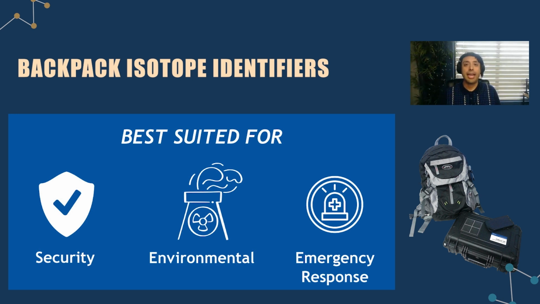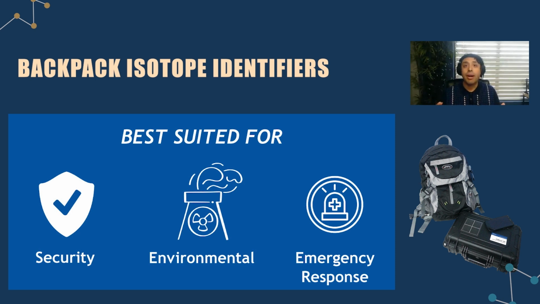Security and surveillance for covert applications, like long duration public monitoring at special sporting events, the border, or critical infrastructure, where the balance between mobility and sensitivity is extremely important.